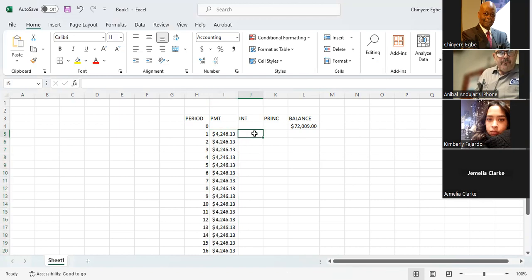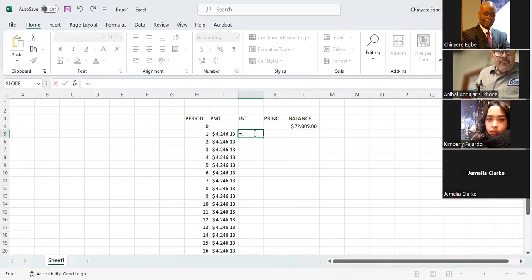Your interest, the amount of interest you pay, is equal to 0.01625 star L4. You multiply by L4 because your balance is on L4.